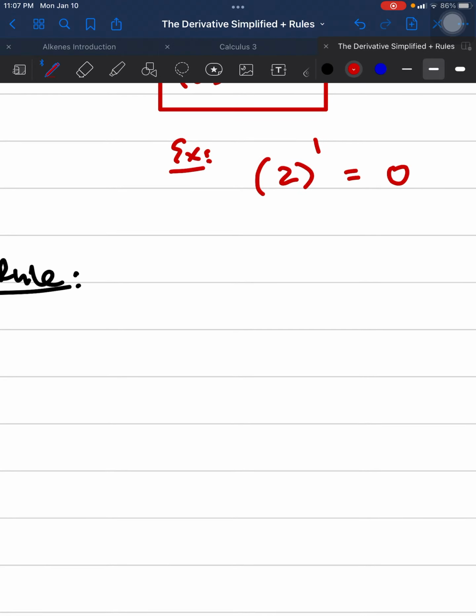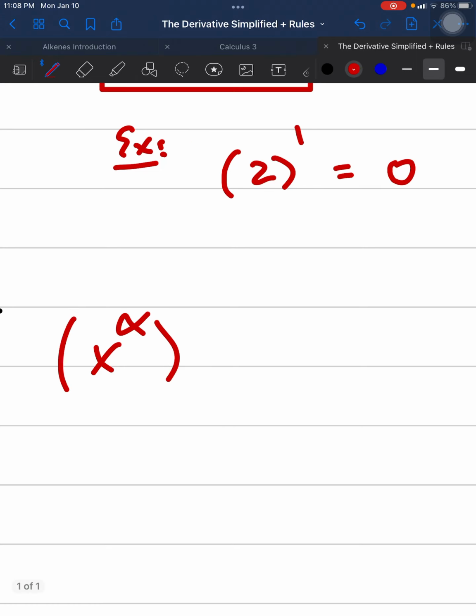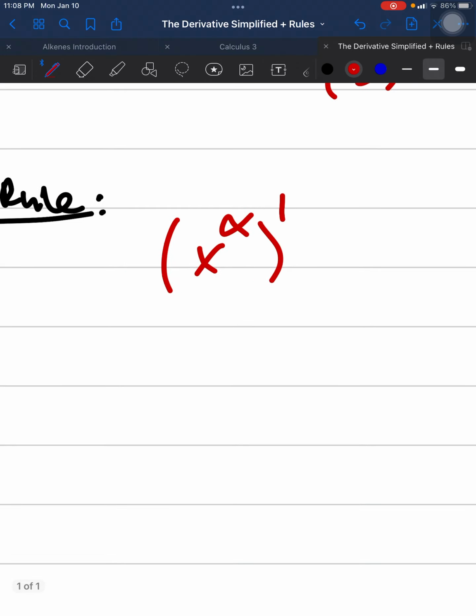So the general formula for the power rule: for x to any power, I'm just going to denote it as alpha, x to alpha, where alpha is any real number.